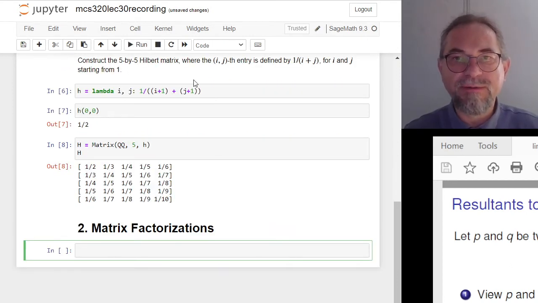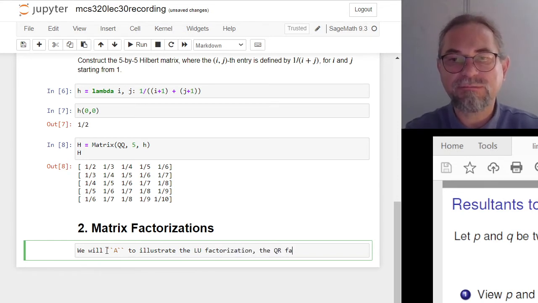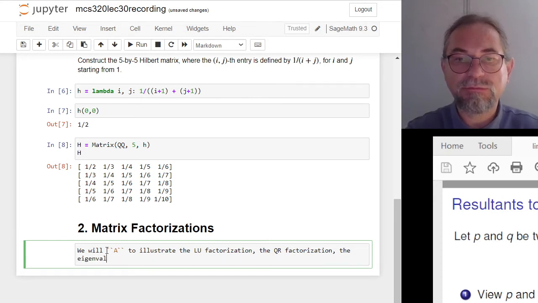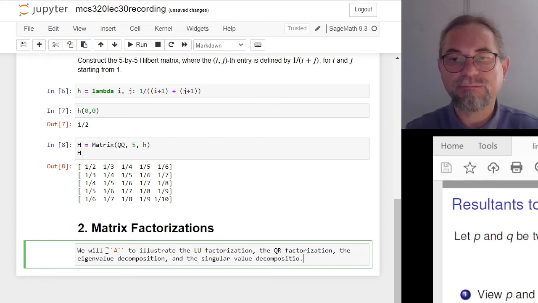So there are four important ones, and we will use the running matrix A to illustrate the LU factorization and the QR factorization, both of which reduce to triangular form, the eigenvalue decomposition and the singular value decomposition.